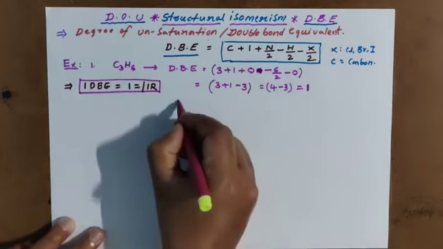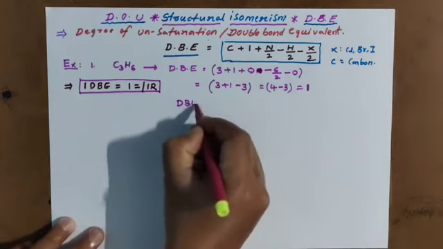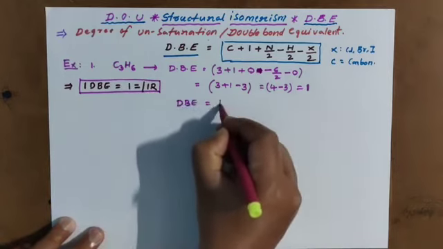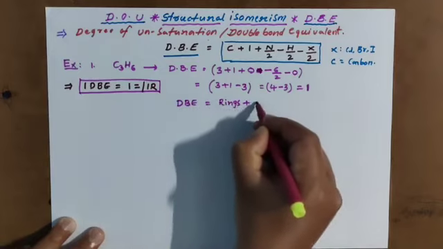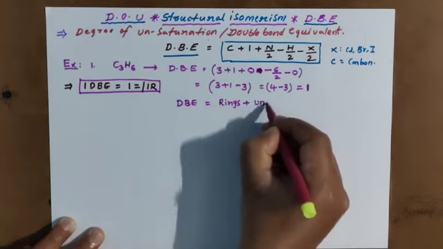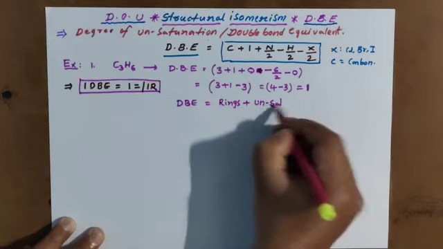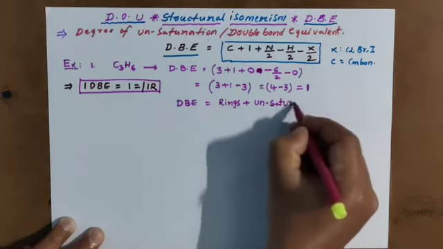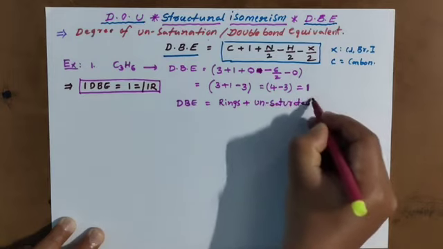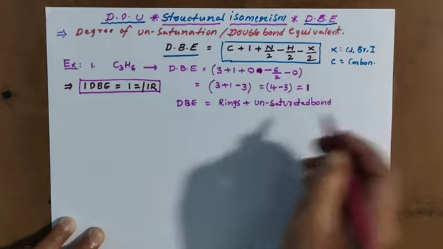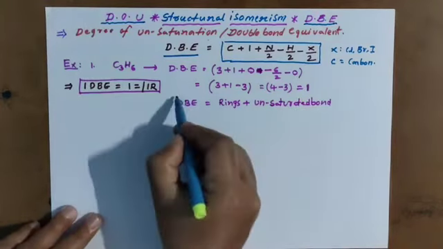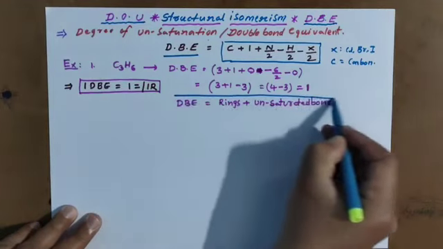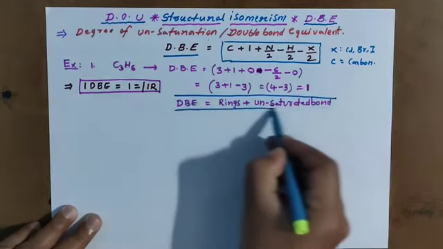DBE equals total number of rings plus total number of unsaturated bonds, whether it may be a double bond or a triple bond.